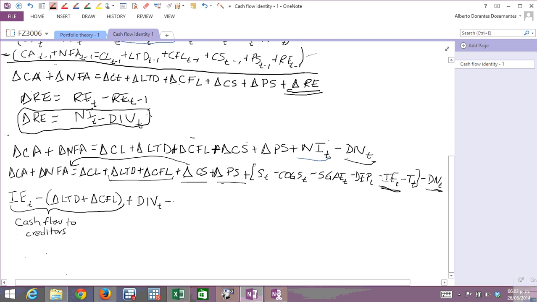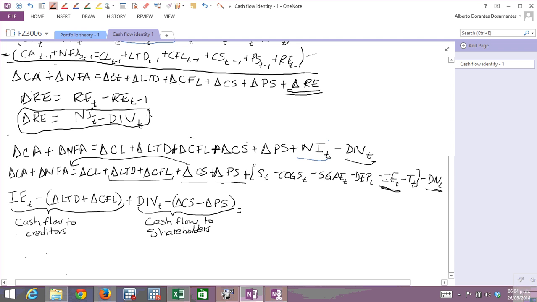Then it's gonna be plus the delta of preferred stock plus the delta of common stock. I'm putting them in parentheses. These two are basically negative in the equation. Okay, then these terms represent cash flow to shareholders.